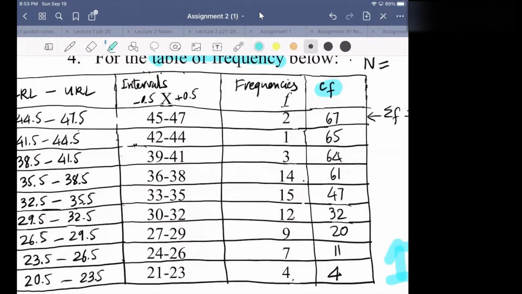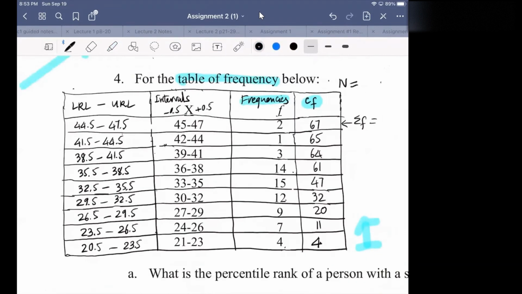Here are all the frequencies in this column. If you add all the frequencies up, what's your answer? 67, right? And it is the same as the last cumulative frequency, which is 67. So we know that our answers here are correct.